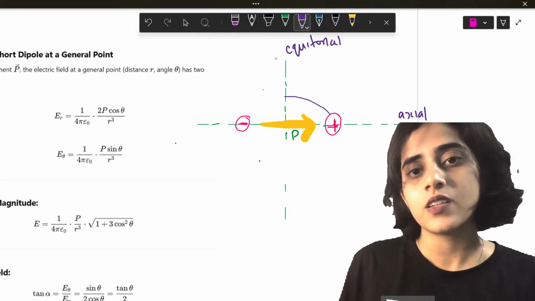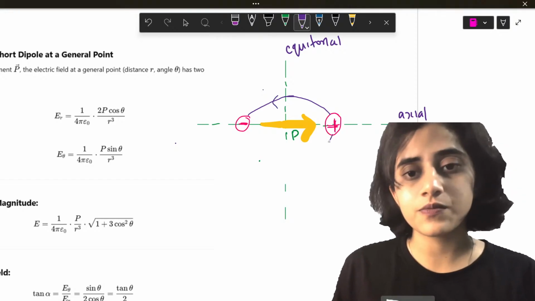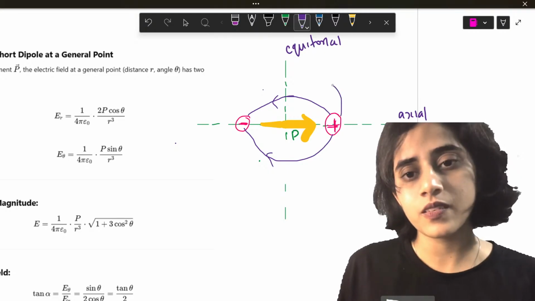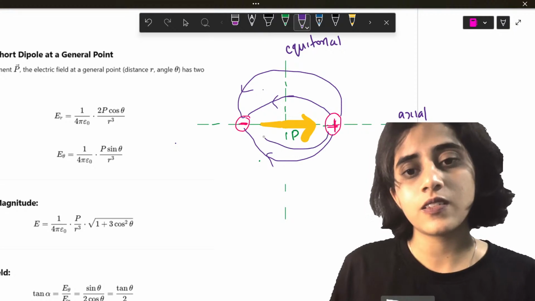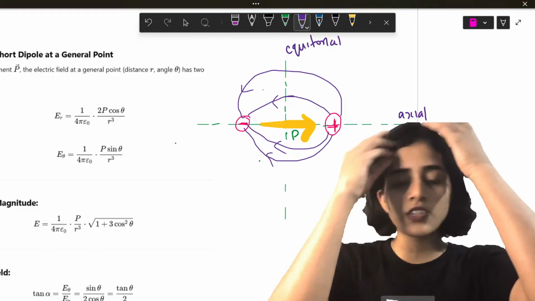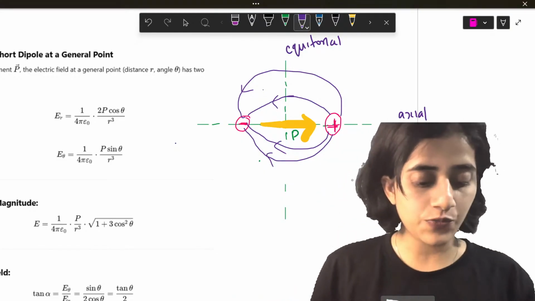So it'll be like this, like this, like this. This is how the electric field lines are going to be.